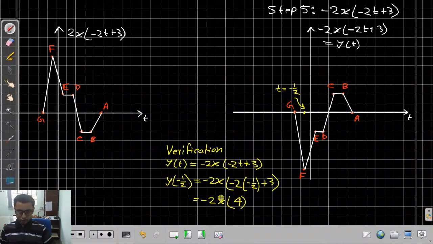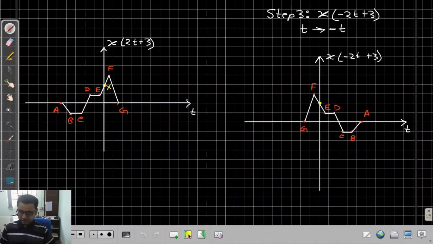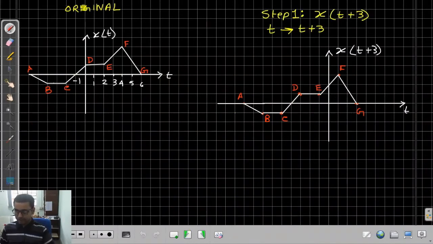So the value of x4 will determine the value of y at this point. So let us go back to the original curve and find the value of x4. Here is the original curve, and x4 is equal to 3, and this point you see is labeled as F. So x4 is 3.